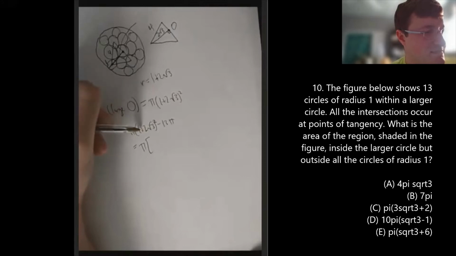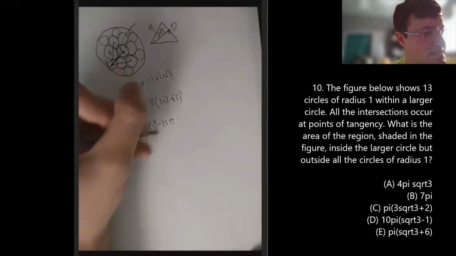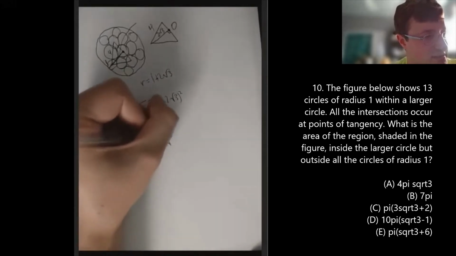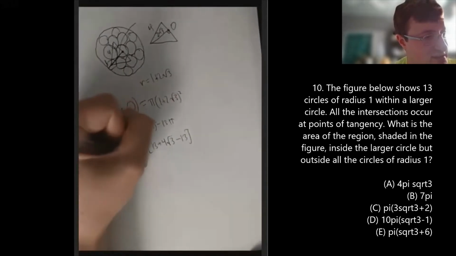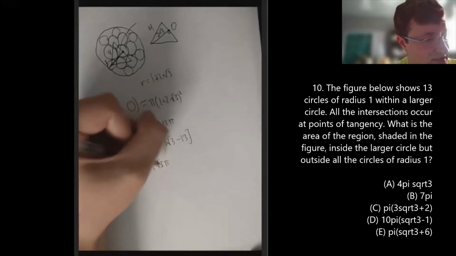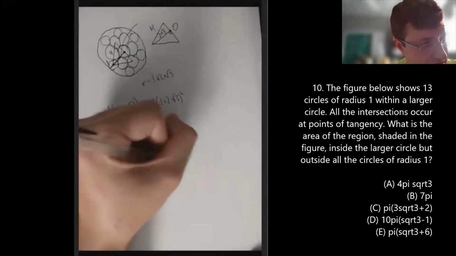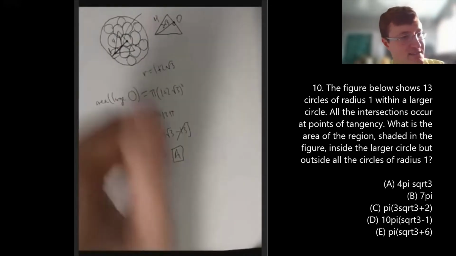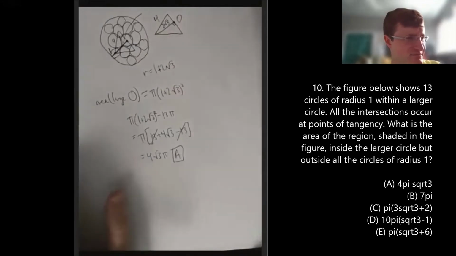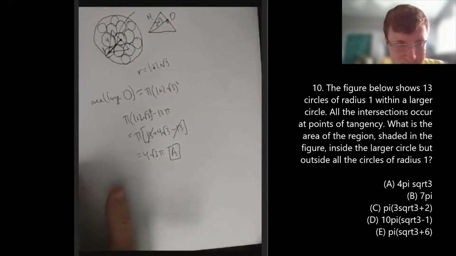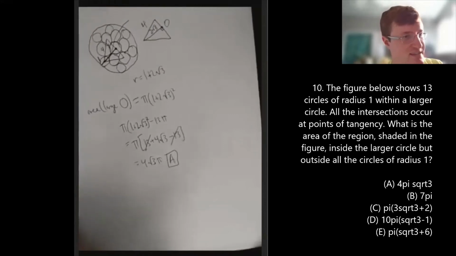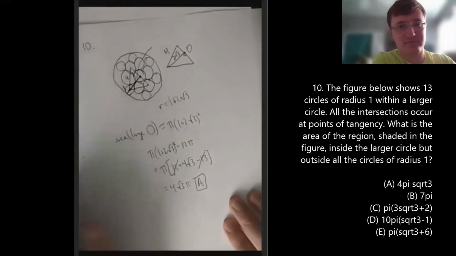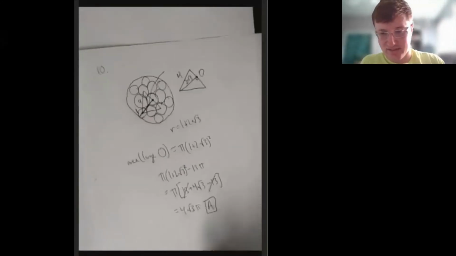I get 1 plus 12 here, so that's 13 plus 4 root 3 minus 13. So it's 4 root 3 pi. Interestingly, the 13s cancel out, which is strange, but I suppose it's just a coincidence. Oh, this was problem 10. Okay, problem 11.